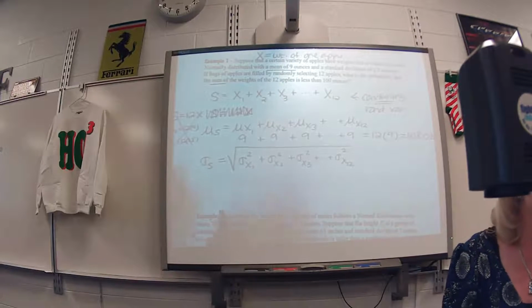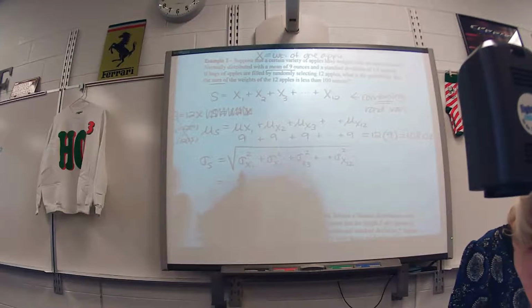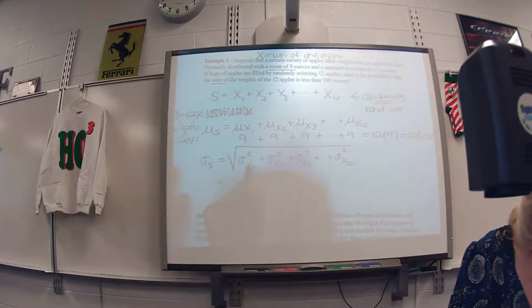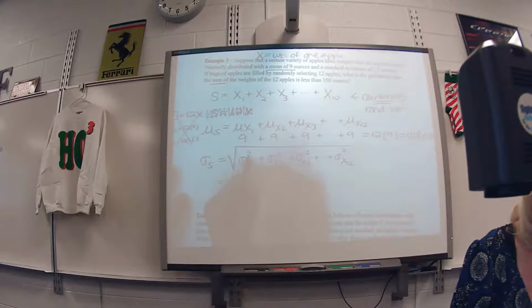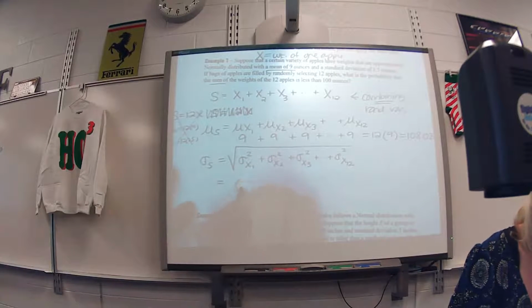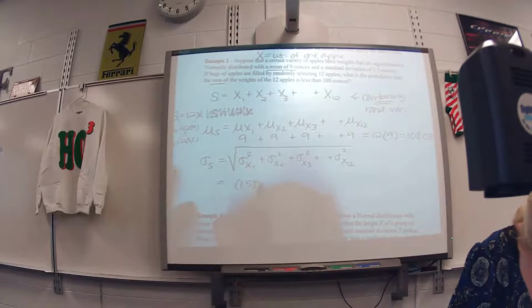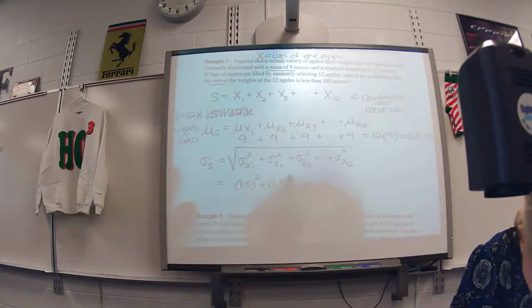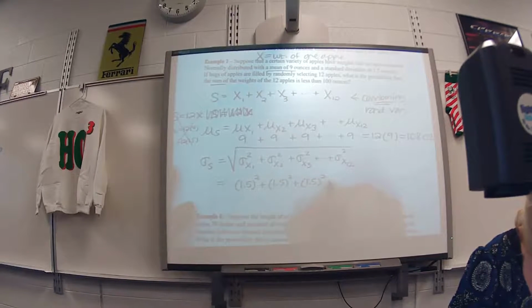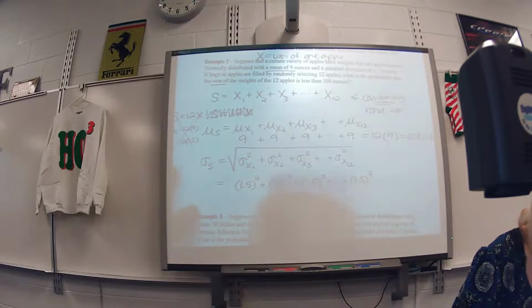So now, when I plug in the sigma for x and square it, it's going to be 1.5 squared plus another 1.5 squared plus another 1.5 squared, all the way up to, how many 1.5 squareds am I going to have?